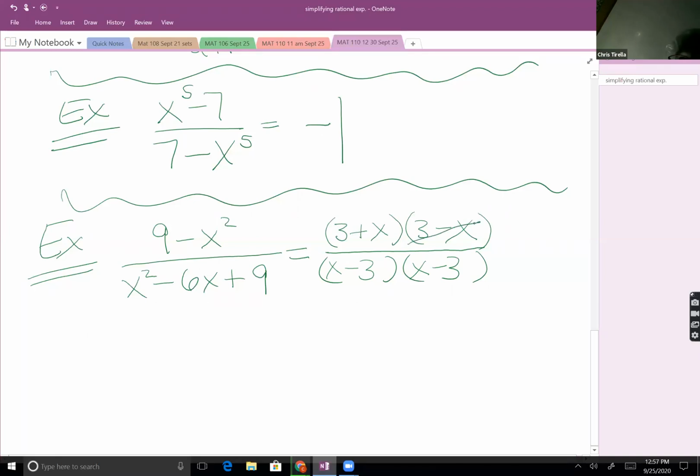But 3 minus x and x minus 3 are opposites. So whatever I get, I can cancel those out if I multiply the result by -1. And so my final answer to show multiplying by -1, we're just going to make it a negative fraction. And it's the negative of 3 plus x over x minus 3.